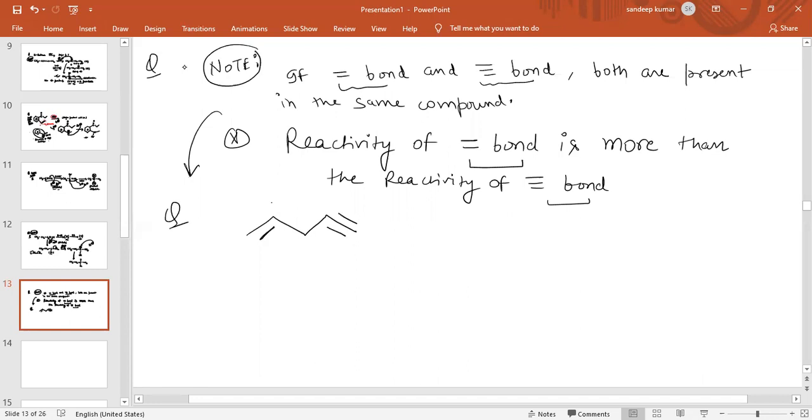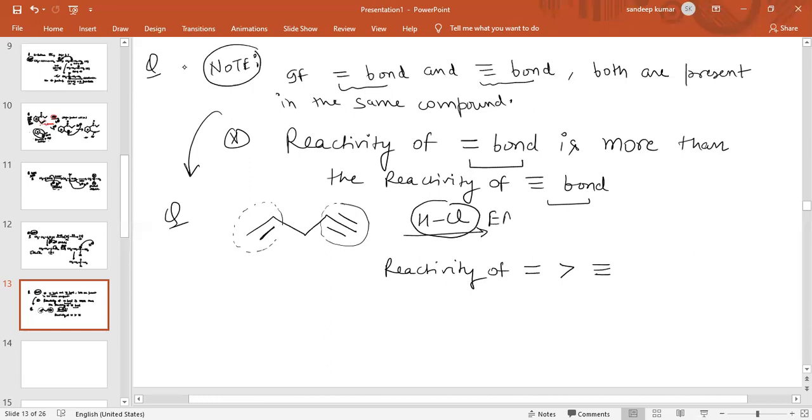Now we can see in the same compound there is a double bond, and also a triple bond. And this HCl can attack both bonds. But as we know, the reactivity of the double bond is greater than the reactivity of the triple bond. So the addition of HCl, which is an electrophilic addition reaction, will occur across this pi bond.